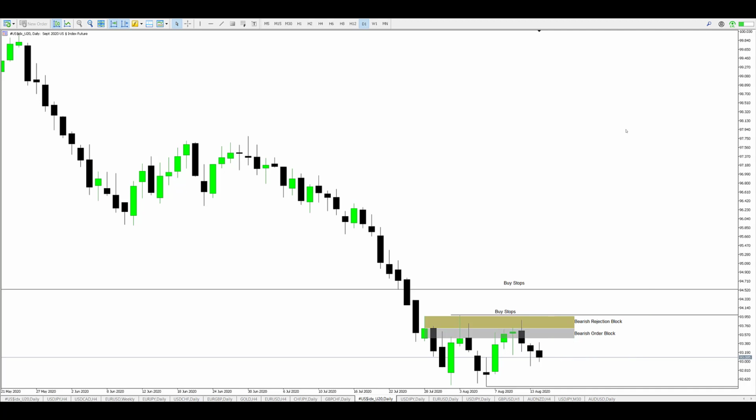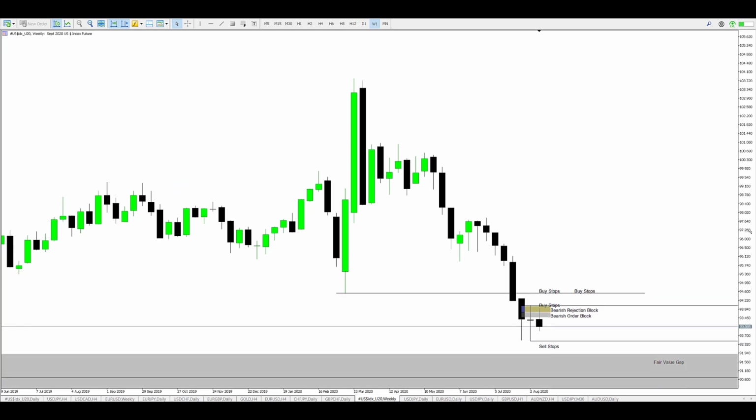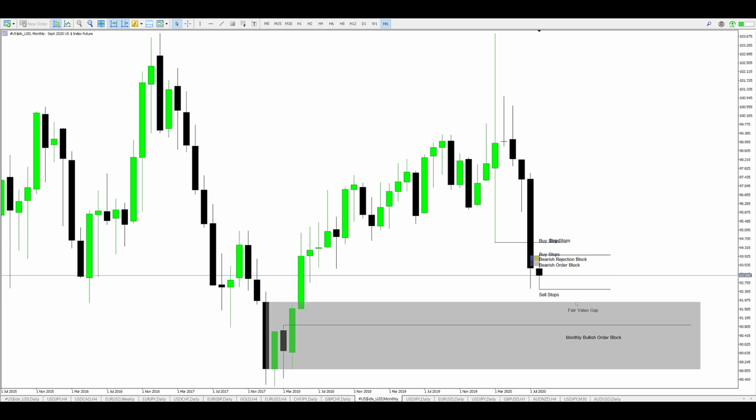So now looking into the coming week, we can clearly see that in relation to our monthly price action, already the monthly relative strength is to the downside, meaning there's more momentum going to the downside right now on dollar index.